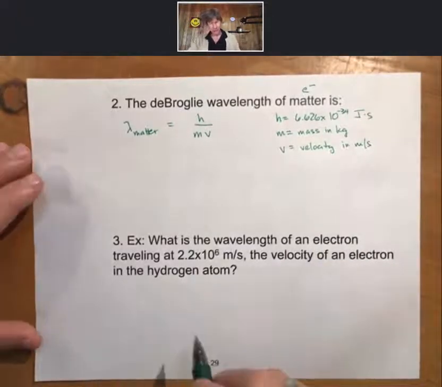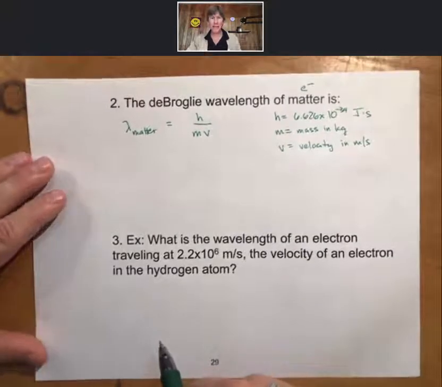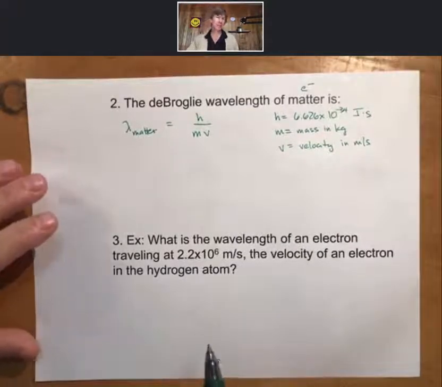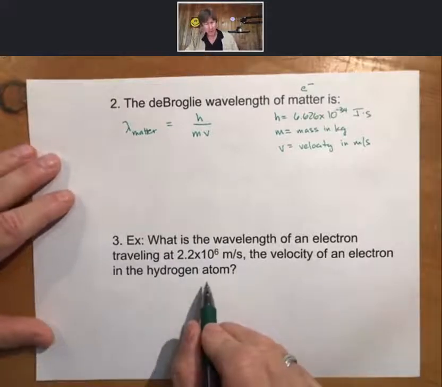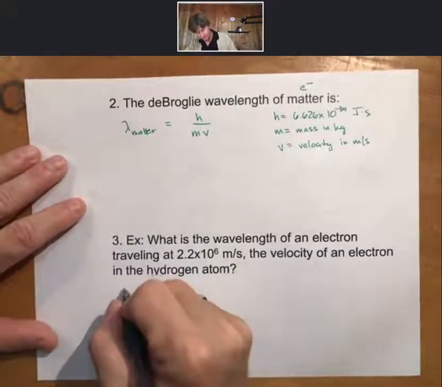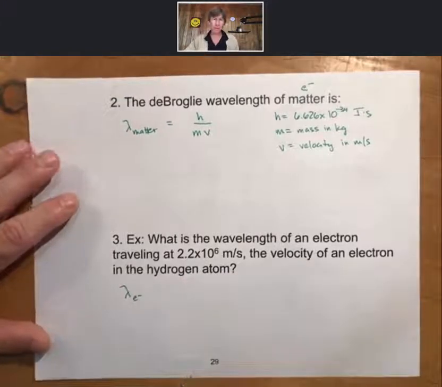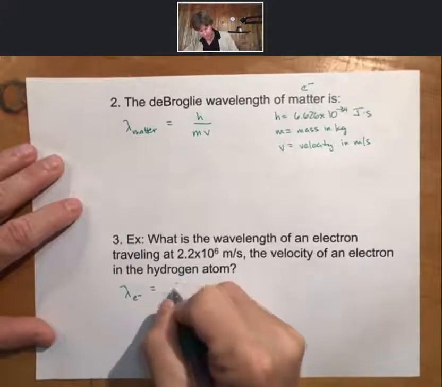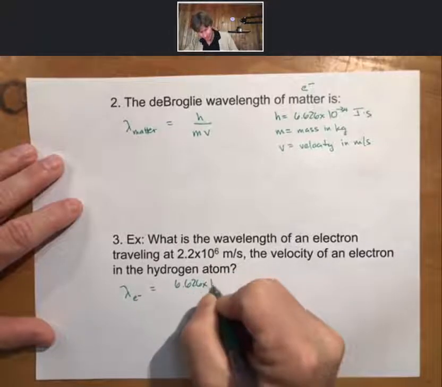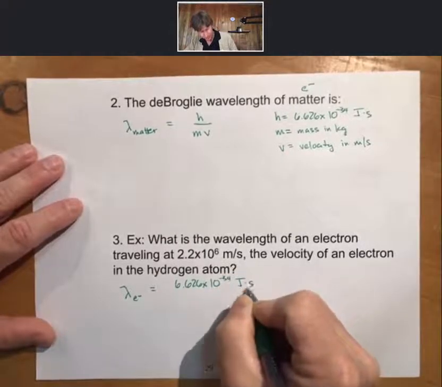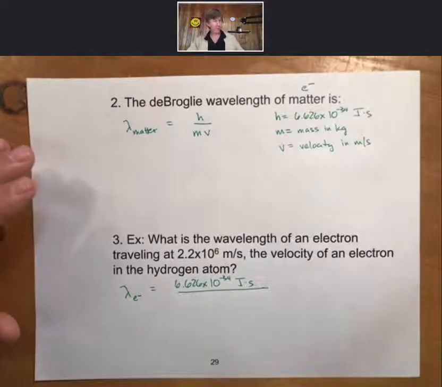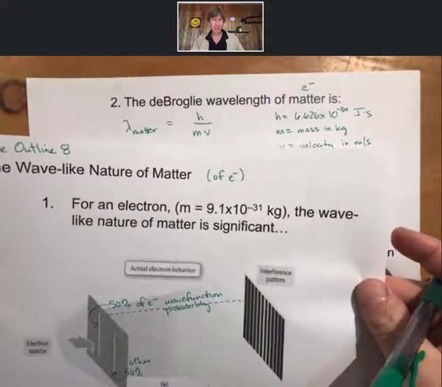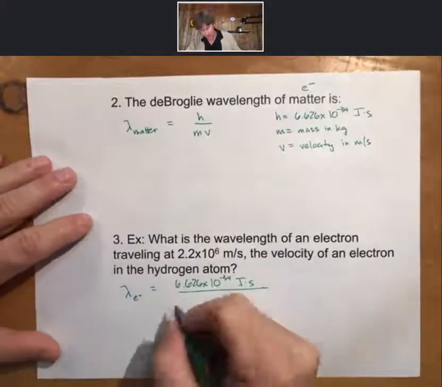Now, as an example, what is the wavelength of an electron traveling at 2.2 times 10 to the 6 meters per second? Pretty fast, very fast in fact, but still slower than the speed of light. The velocity of an electron in the hydrogen atom, to a good approximation. This time we'll write wavelength of an electron. Planck's constant divided by the mass of an electron from the previous slide and on your conversion equation sheet, 9.1 times 10 to the minus 31 kilograms.